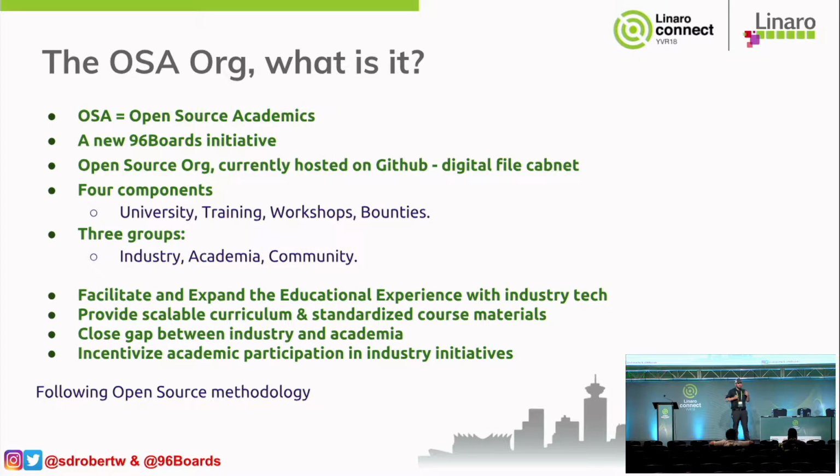It's not fully set up yet, but the goal is to create a digital file cabinet with multiple components that cater to creating a channel between industry and the academic world. So what we would like to do is set up a platform that facilitates the contribution, creation, and evolution of the educational experience, but with industry tech and in an open source world.